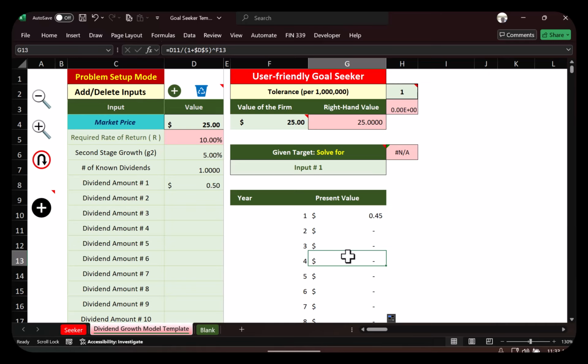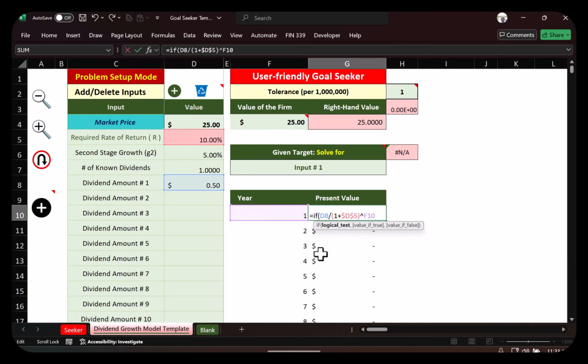So we're going to take a precaution and say the following in the beginning of the formula: if this year is greater than the number of known dividends, that means even if there is a number, I don't want to include that. So call that a zero. Otherwise, make the calculation we just did with that formula.